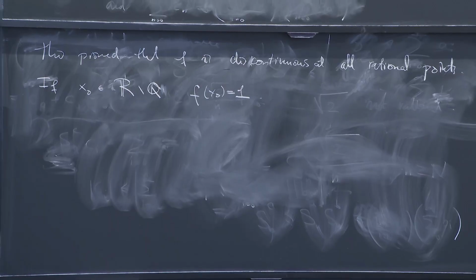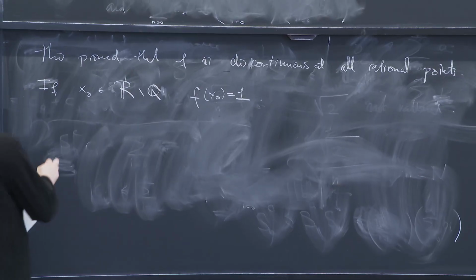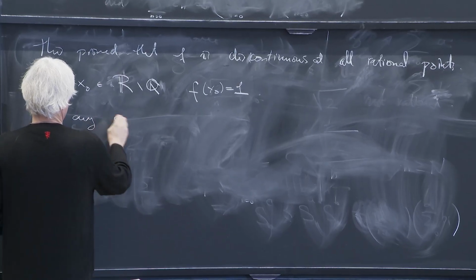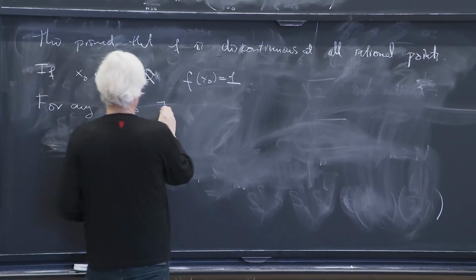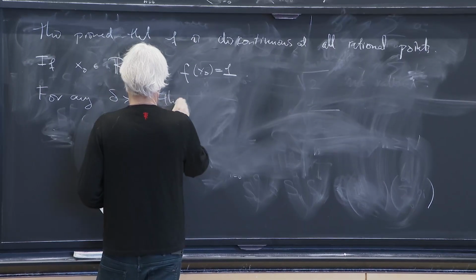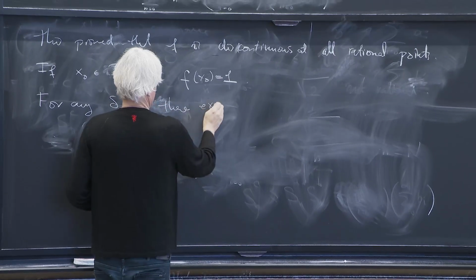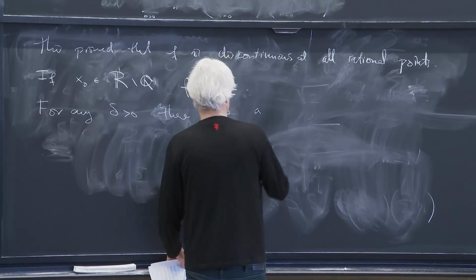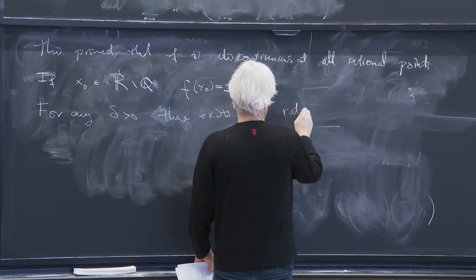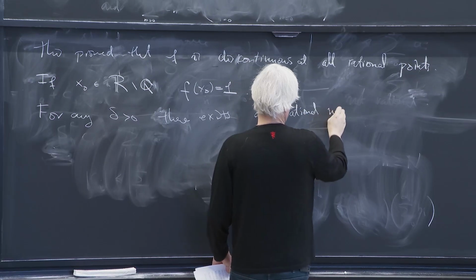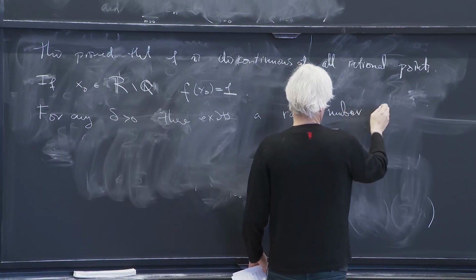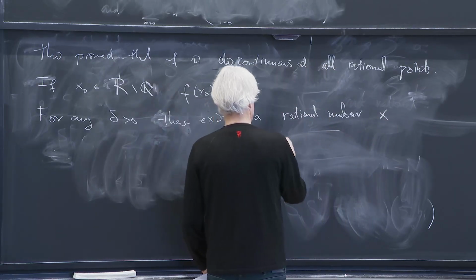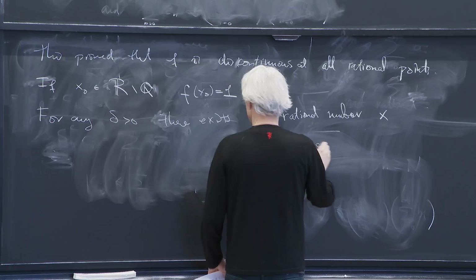But we also know that arbitrarily close, so for any delta greater than 0, there exists a rational point, a rational number x, so that x minus x0 is smaller than delta.